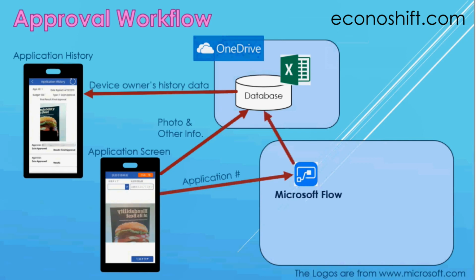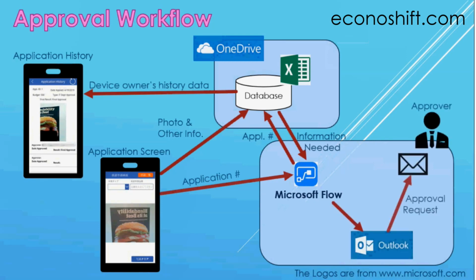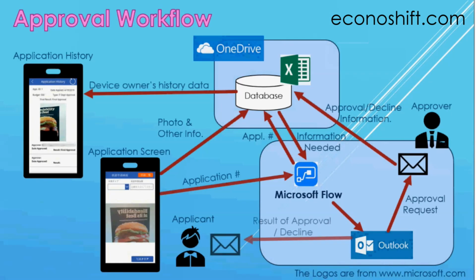Microsoft Flow will first access the Excel database to get the information needed later, then automatically send application approval emails to an approver based on the application number, and when the approver clicks the approve or reject button, it will record the response in the database. Also, it will change the next action based on the response.